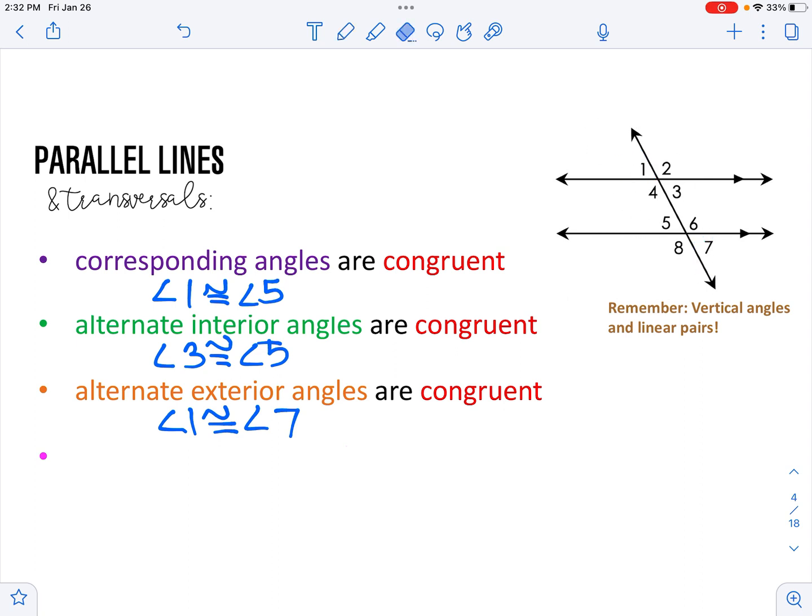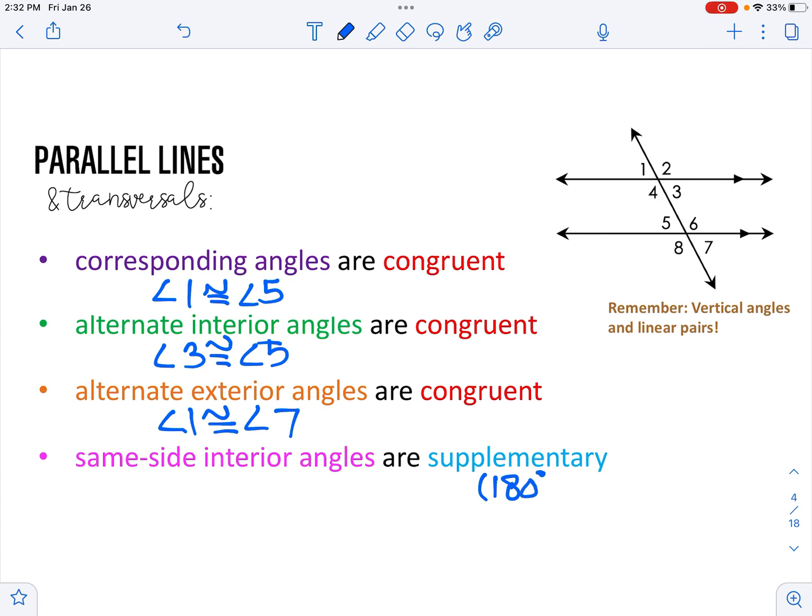And then the last one is same side interior. We talked about those. And same side interior angles are not congruent. They should be supplementary. And if you recall, supplementary means they should add to 180 degrees. So same side interior angles would be like 4 and 5.